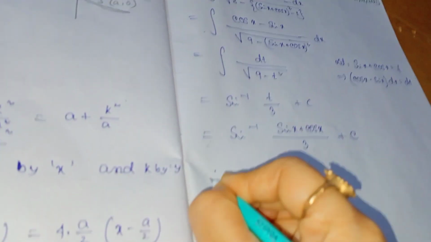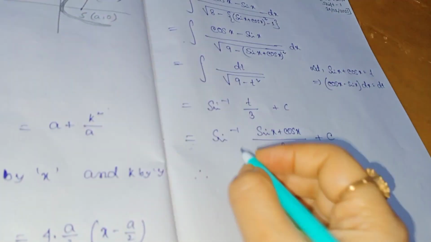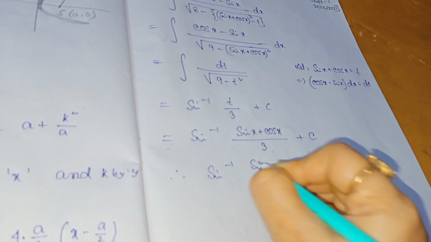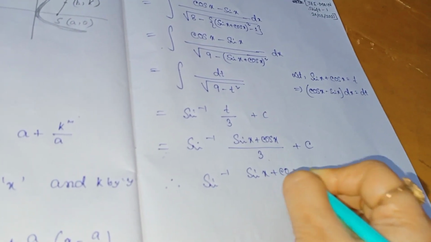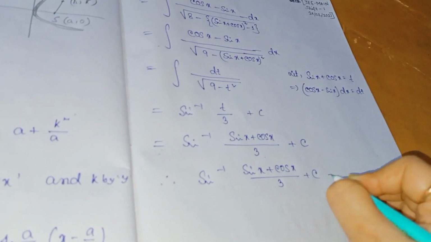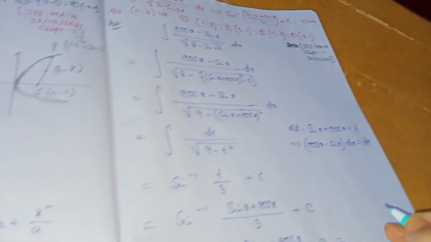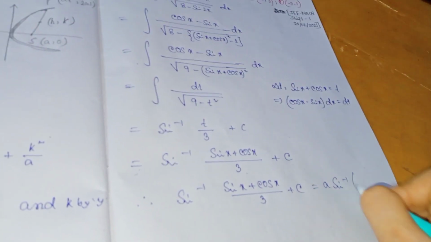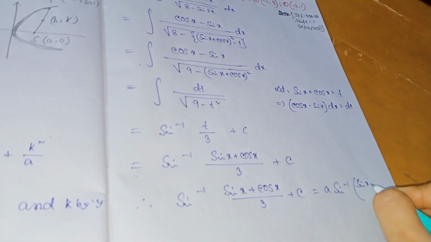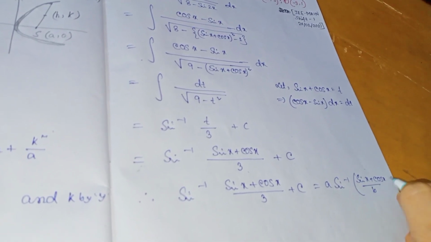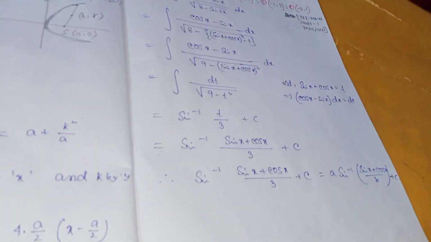Therefore, sin inverse of sin x plus cos x divided by 3 plus c is equal to a into sin inverse of sin x plus cos x divided by b plus c.